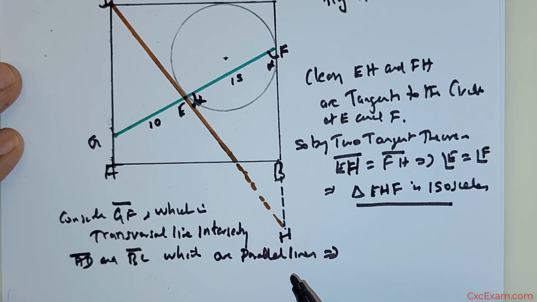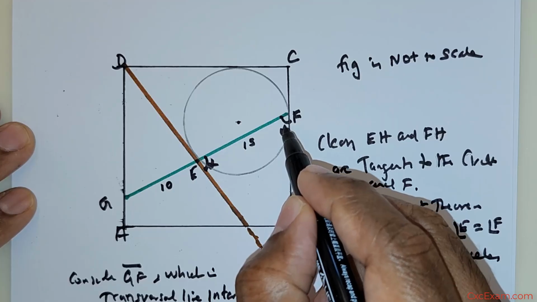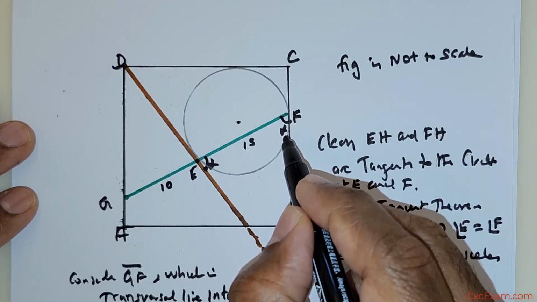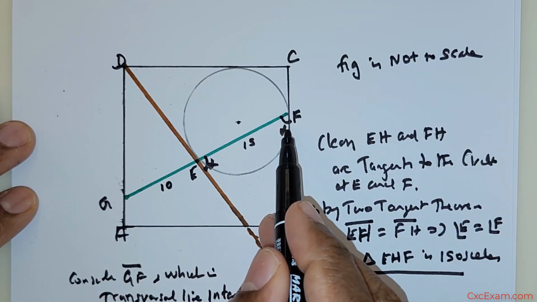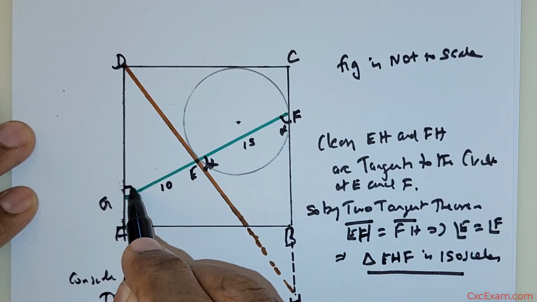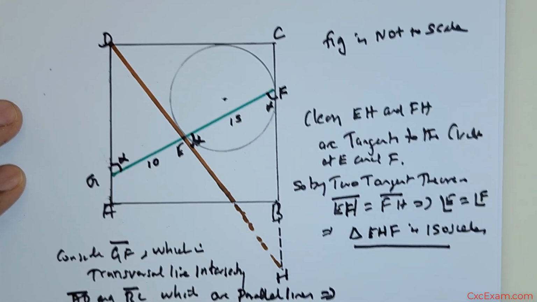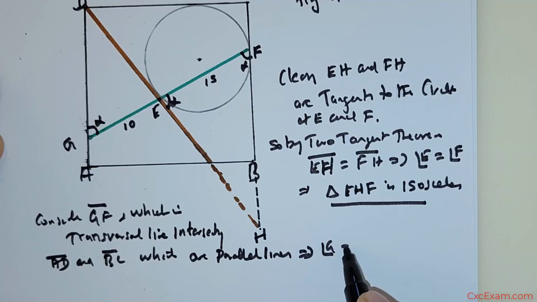So this means the alternating angles that we see here will also be reflected here. So angle at G will be equal to the angle at F, which will be equal to alpha. Okay, that is an important observation.